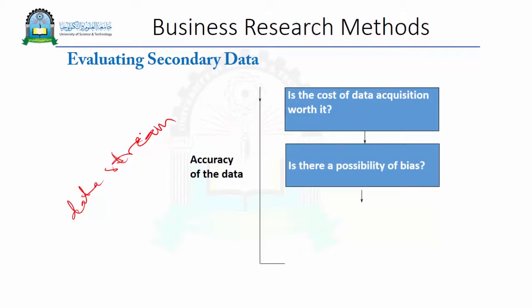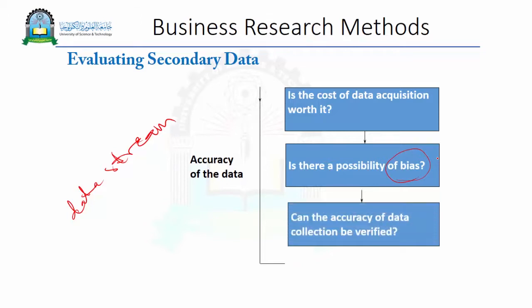Is there a possibility of bias? This is very important, and you must, as a researcher, go and double check the possibility of bias in the data accuracy, and find out if there is a bias. Sometimes in some of the companies the report is not accurate, so of course it's going to be an input for my research, and it's going to make a lot of problems.